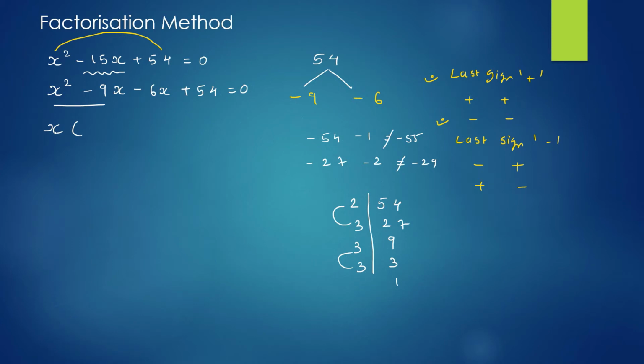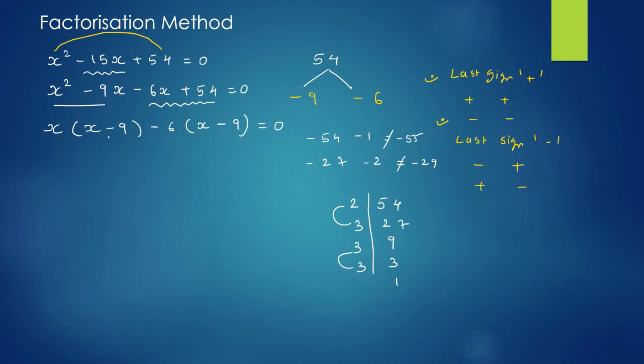And we are taking 1 x as common, so the remaining part is x minus 9, because x is already outside. And from here, 6 times 1 is 6 and 6 times 9 is 54. We can take common 6. We are taking common as minus 6. Then 6 is already aside, so x will remain. And one more thing, plus minus will be a minus. So 6 times 9 is 54 is equal to 0.